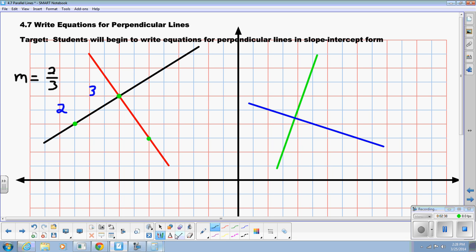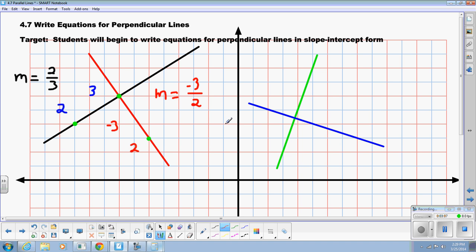So my red marker is right here. So I'm going to count down 1, 2, 3 spaces. So I went down 3, so that's a -3. And right 2, 1, 2 over 2. So now my slope of my red line, m equals, and I'm going to put my down of -3 first, over 2. So I have a slope of -3 over 2.